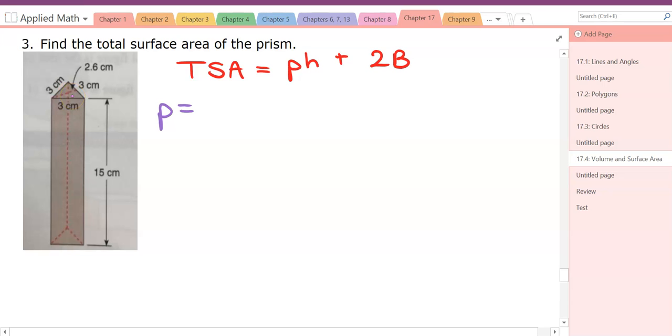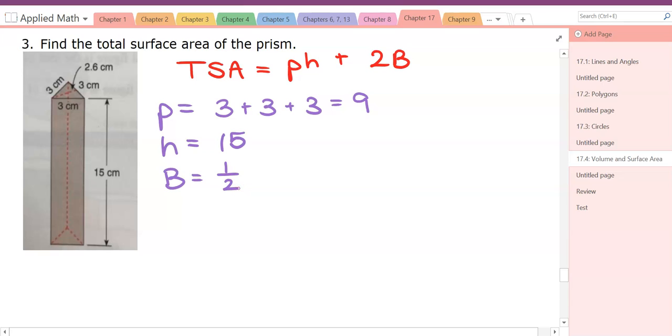So I'm going to add 3 plus 3 plus 3 here, which is going to be 9. So the perimeter around that triangle is 9 centimeters. What's the height of this prism? 15. Now for capital B, that's when we want to use 1/2 times base times height.